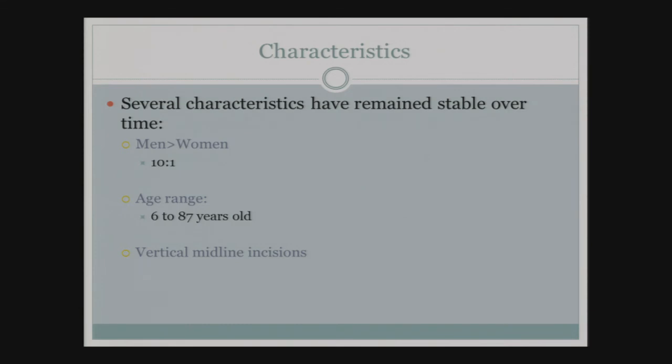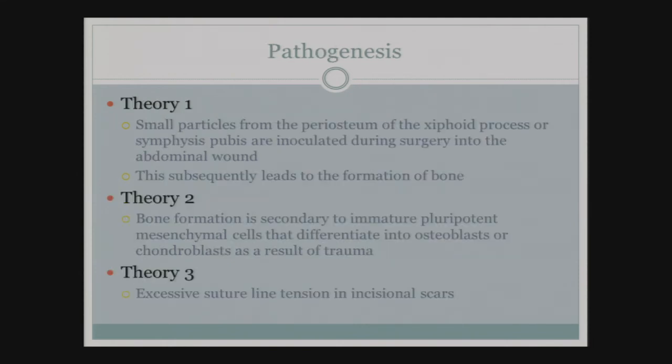Some characteristics: it usually occurs in men over women at a ratio of 10 to 1. There's a wide age range. It's not age related. There have been case reports from 6 years old to 87 years old, and most of the data out there show they typically occur in vertical midline incisions.